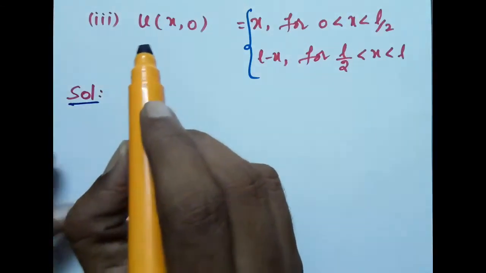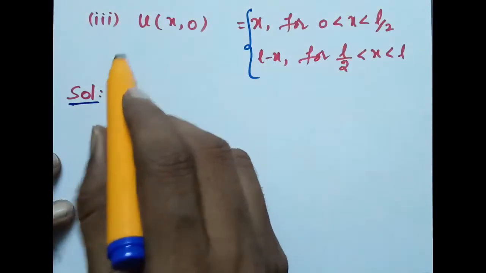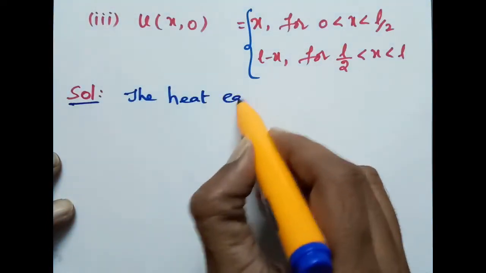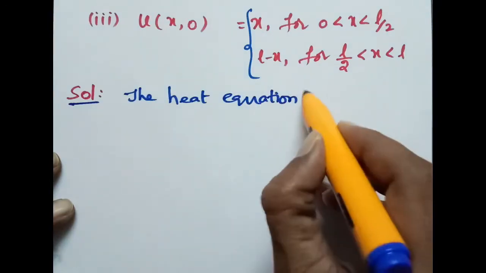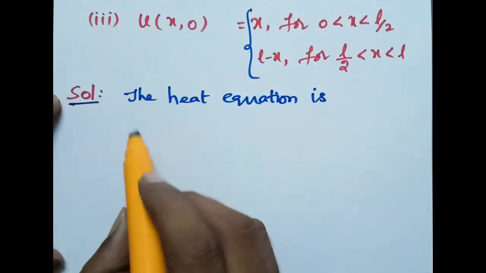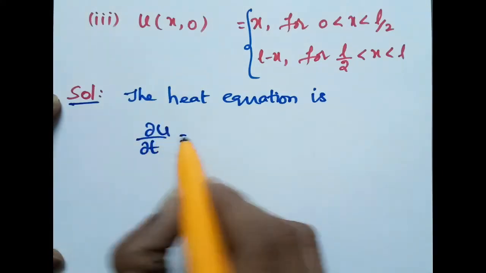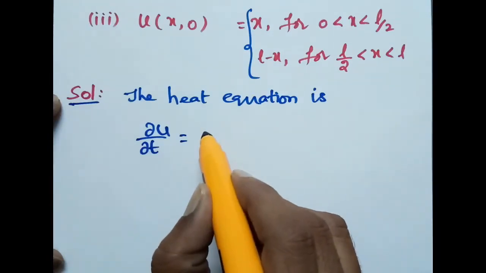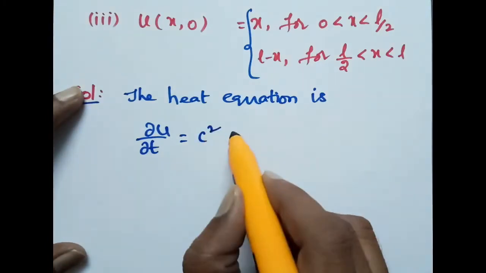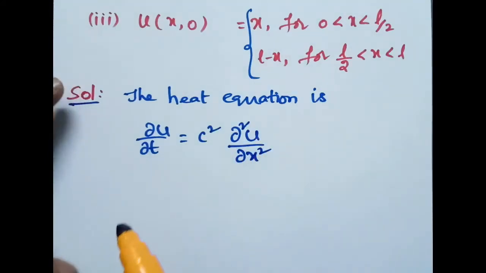The one-dimensional heat equation is dou by dou t of u is equal to c square into dou square u by dou x square.